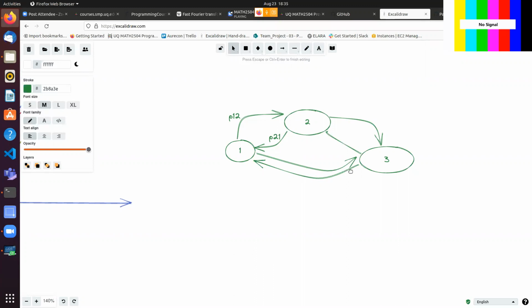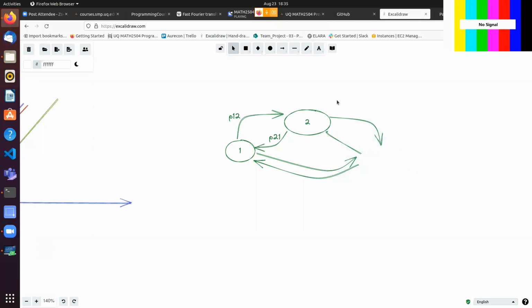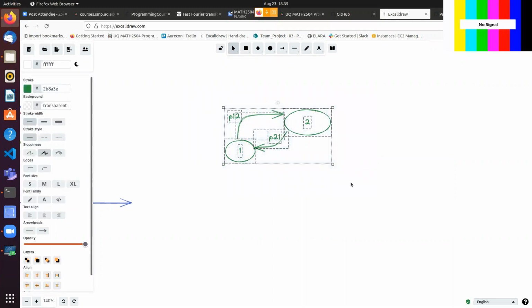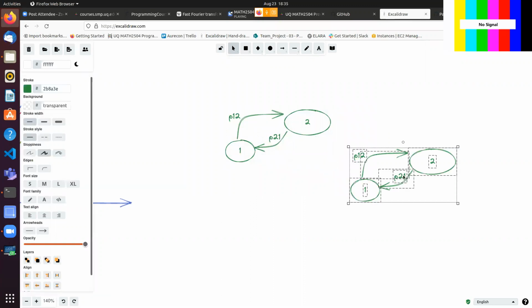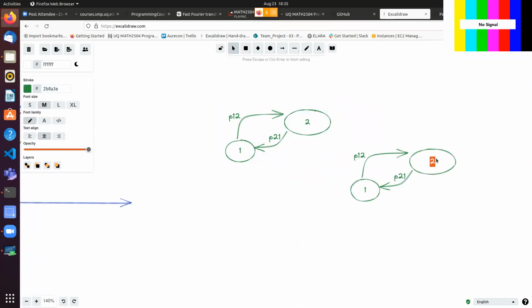You can imagine you're going to get funny stuff. That's the basic setup for this 3-state one. We could imagine some funny thing like this, and this is 3 and 4.